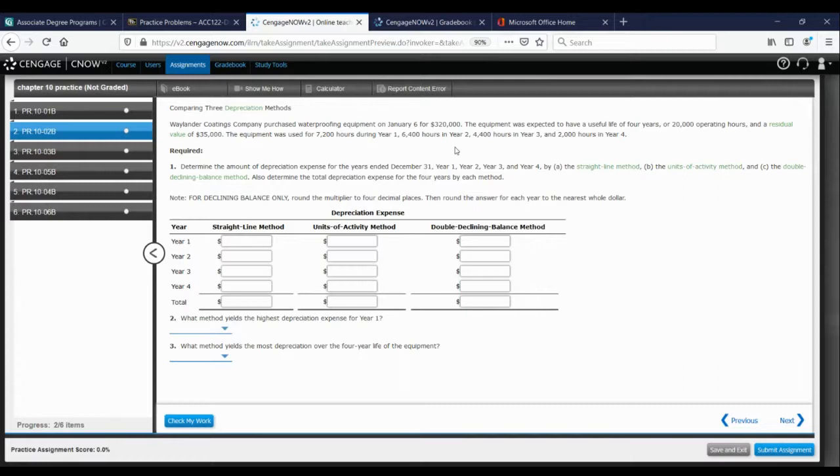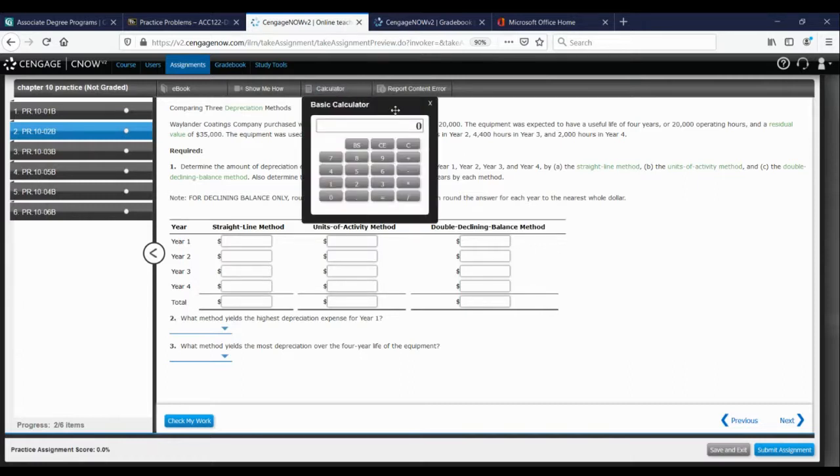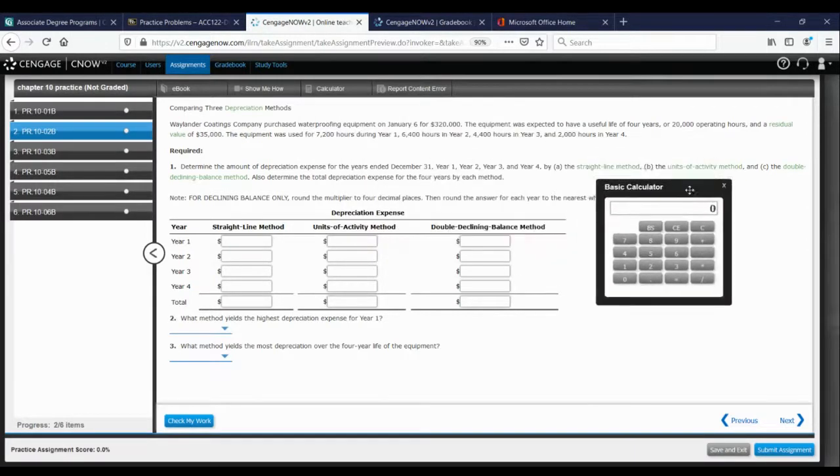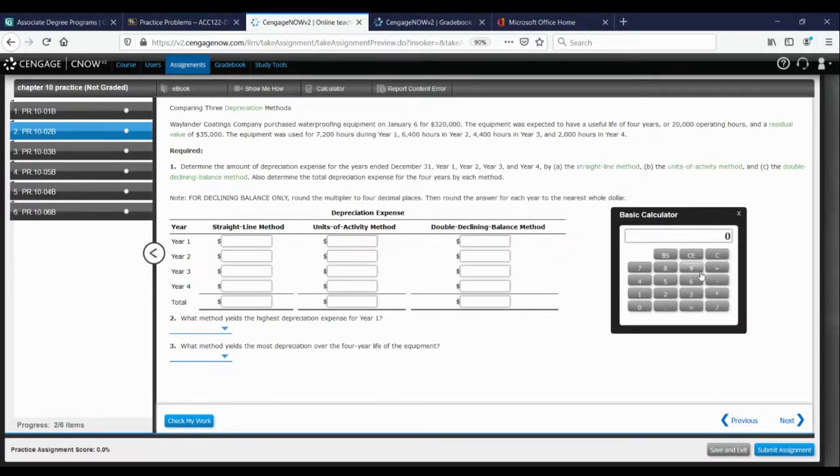So in the straight line method, we're going to have to start with the cost of the asset. So I'm going to bring the calculator up. I'm going to record the cost of the asset, which is $320,000. I'm going to subtract from that the residual value of $35,000.